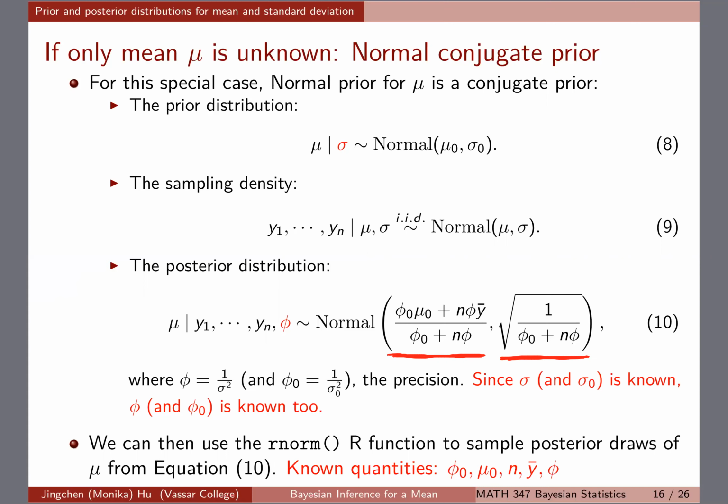If you look at the mean, remember for the beta binomial conjugate case that we saw before, we showed that the posterior mean is a weighted average of the prior mean and the sample mean. That's how we can see that the posterior is really trying to put together the prior and the data and then come to a compromise or a composite result.